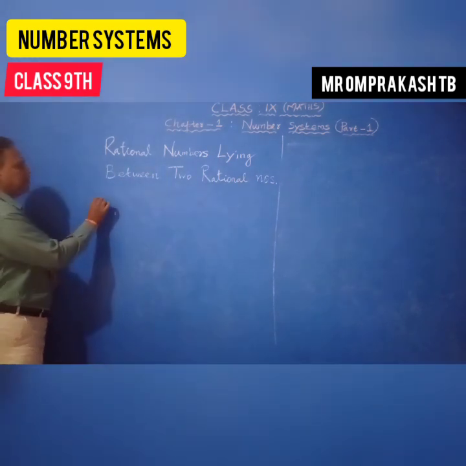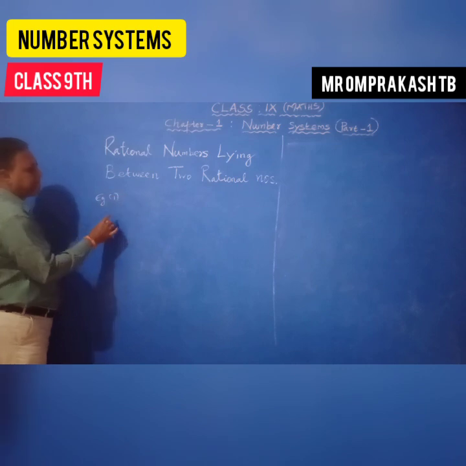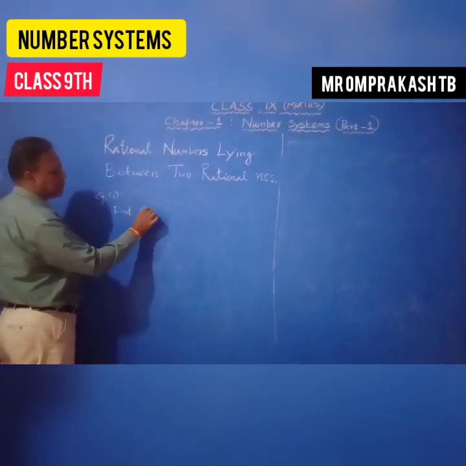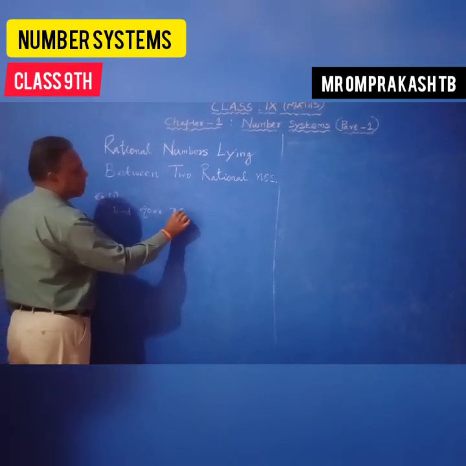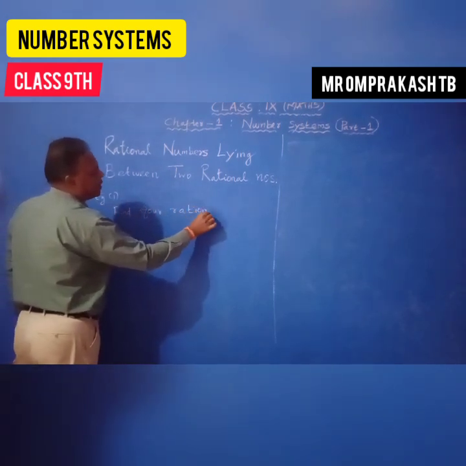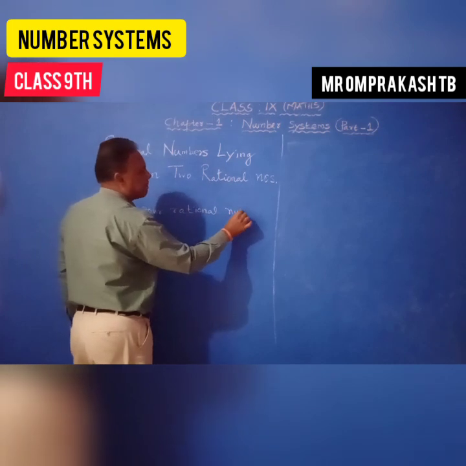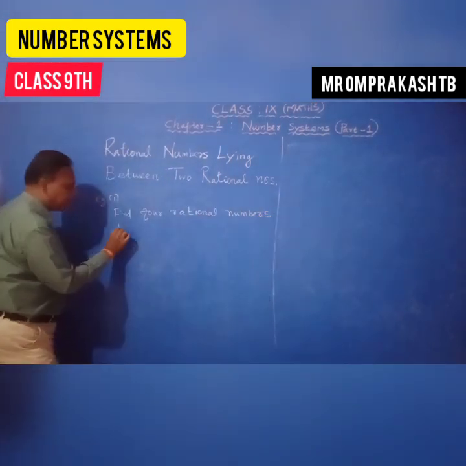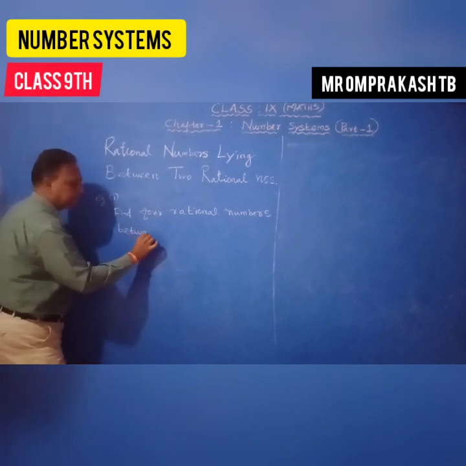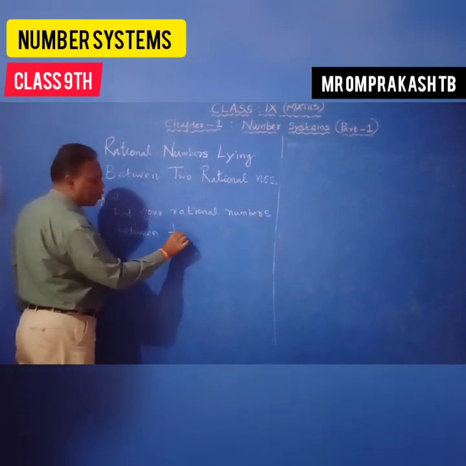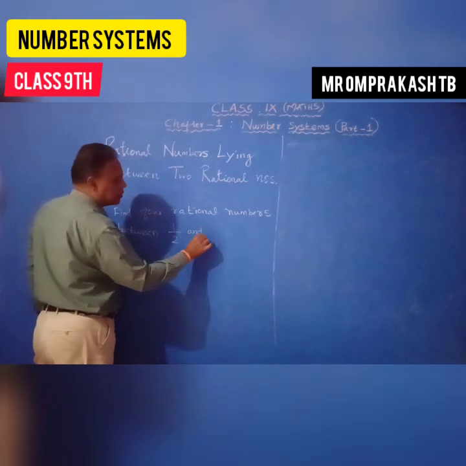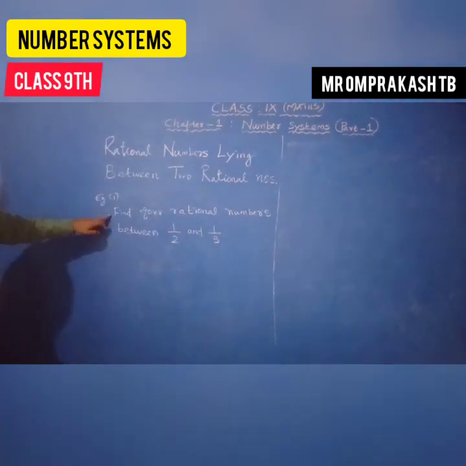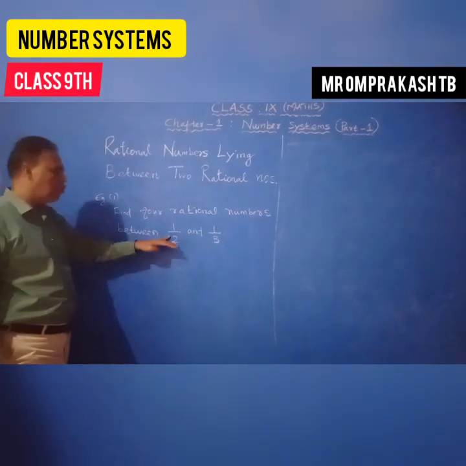See, for example, find 4 rational numbers between 1 by 2 and 1 by 3. See, now we have to find out 4 rational numbers between 1 by 2 and 1 by 3.